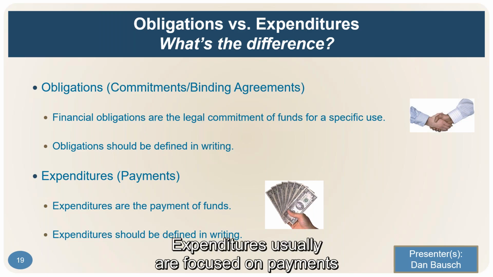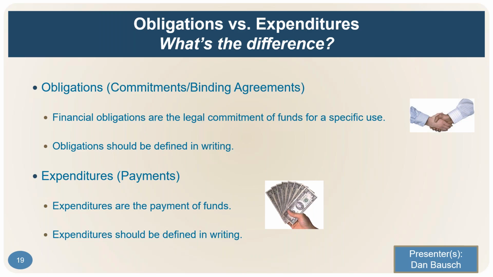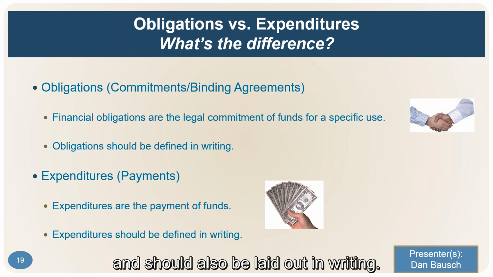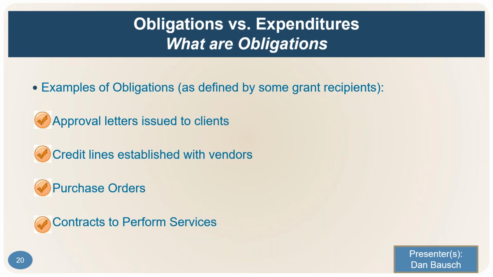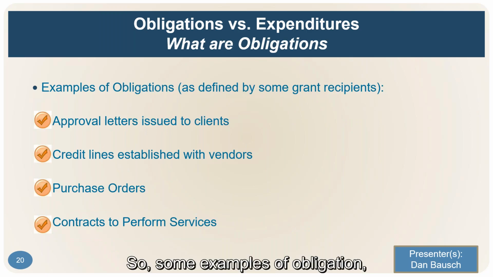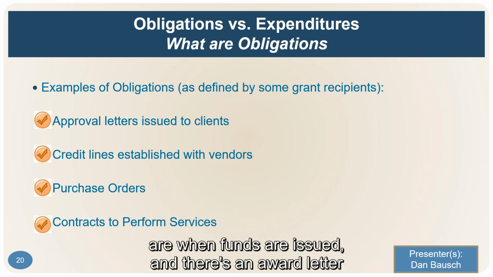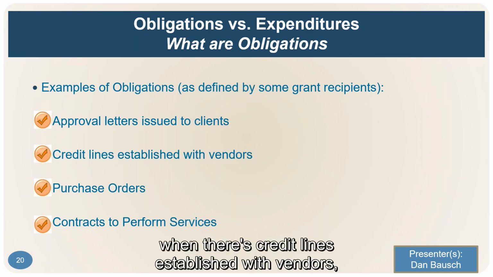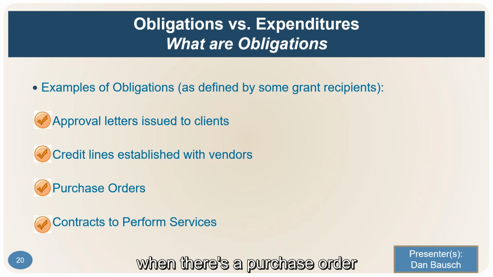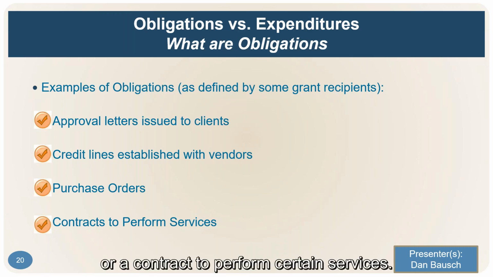Expenditures usually are focused on payments and should also be laid out in writing. Some examples of obligation as defined by some grant recipients are when funds are issued and there's an award letter, when there's credit lines established with vendors, when there's a purchase order, or a contract to perform certain services.